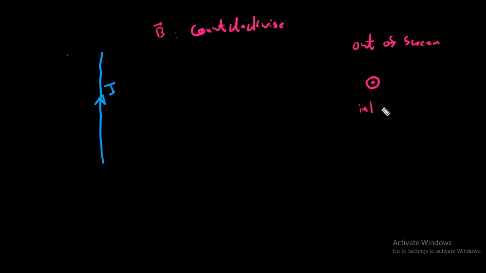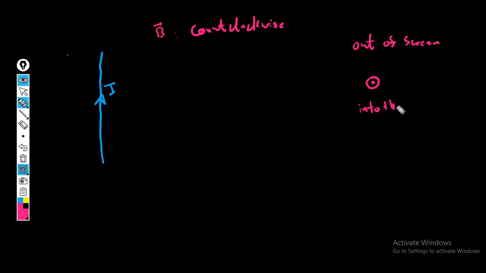While if we have into the page or into the screen, then we put a cross. Cross means that at this point, the lines or the field or the vector is coming from your face and toward the screen, into the screen.